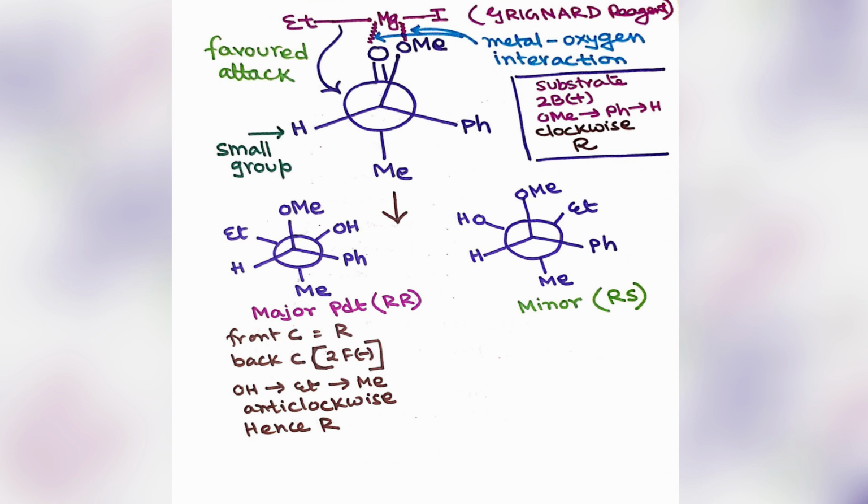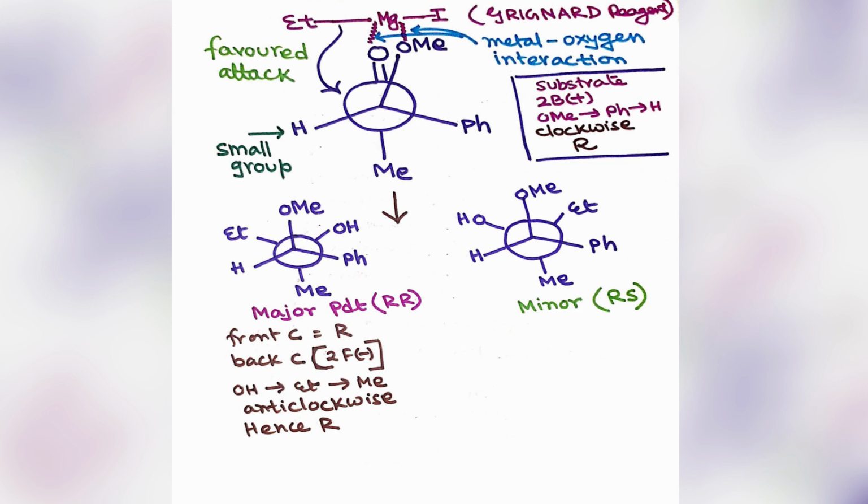The rigid model means the C double bond O oxygen and the heteroatom at the chiral center, like oxygen or nitrogen, both of them will undergo complex formation with the metal present in the reagent, and in this case it is magnesium because we are using ethyl magnesium iodide as reagent.